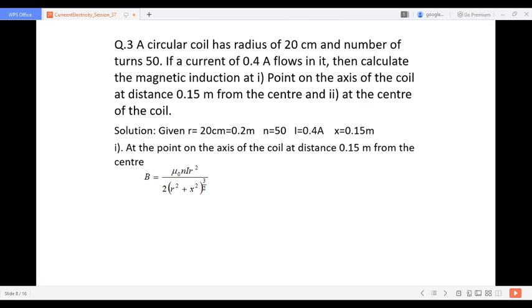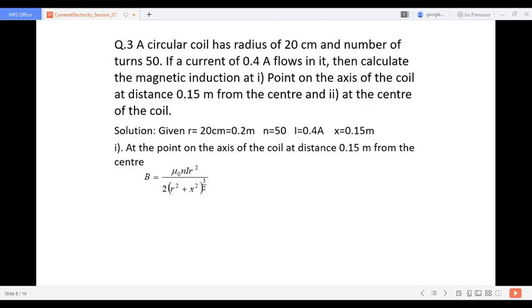Let's go to the third problem, which is for a circular coil. Here a circular coil has a radius of 20 centimeter and the number of turns 50. If a current of 0.4 ampere flows in it, then calculate the magnetic induction at a point on the axis of the coil at a distance 0.15 meter from the center and at the center of the coil.